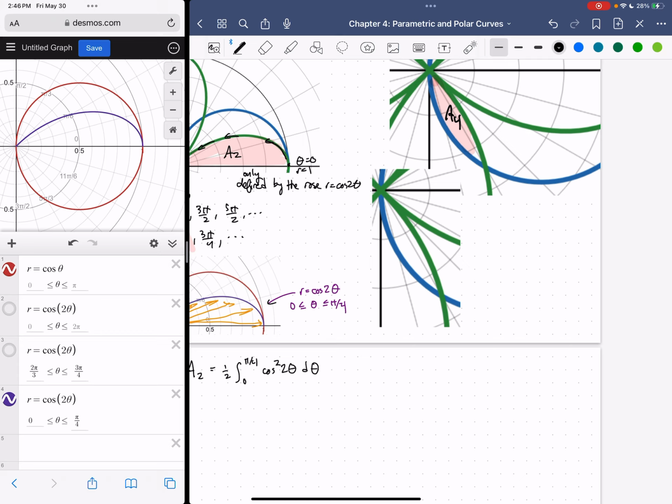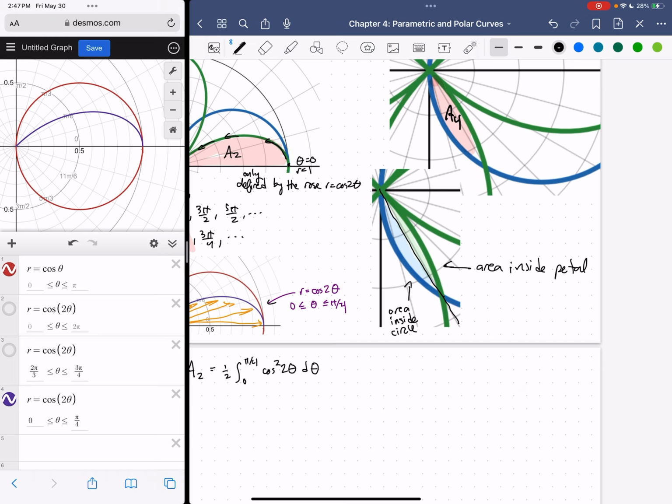So here, if we draw this ray, on this side, this is just area inside the circle. And then on the other side of that, we only have area inside the petal.